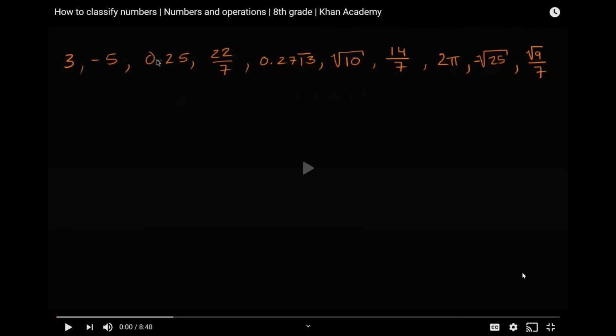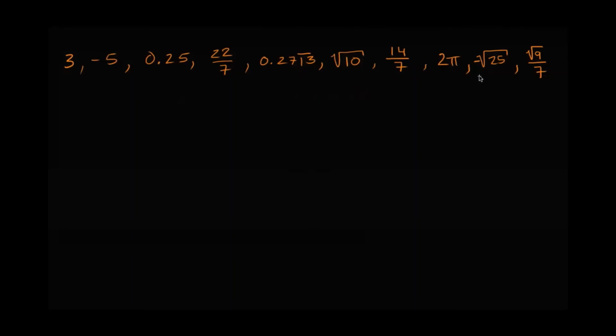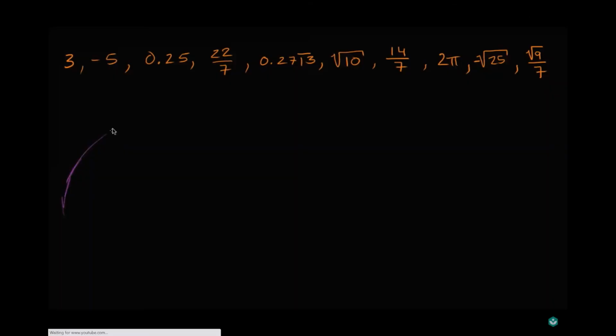We have a bunch of numbers listed up here, and my goal in this video is to see if we can classify them into different types of number categories. Let me draw the categories. This circle over here represents all of the numbers that can be represented as the fraction of two integers, and of course the denominator can't be equal to 0, because we don't know what it means to put a 0 in the denominator.